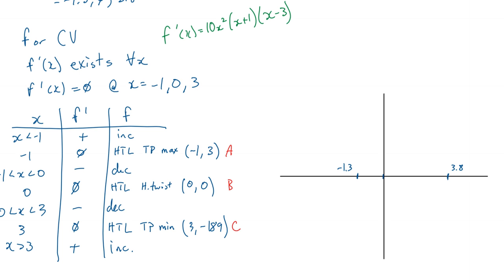So again, this was degree 5. Same end behavior as the last one because it was a positive leading coefficient. And my max is at negative 1.3, so fairly close to my x-intercept. So I'm going to come around, max, twist, then it goes way down. Not bad. So I've got my max at negative 1.3, my min at positive 3, negative 189.